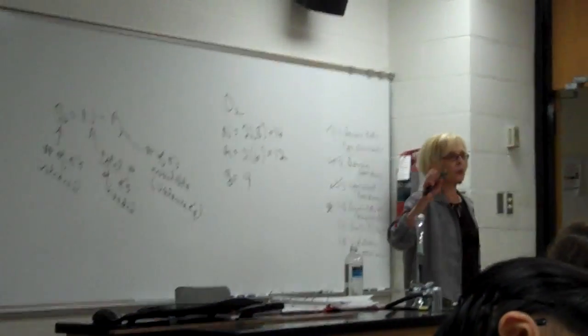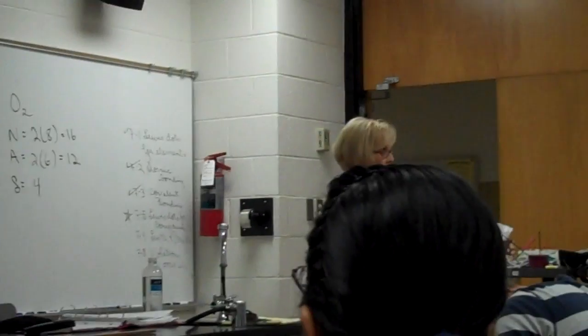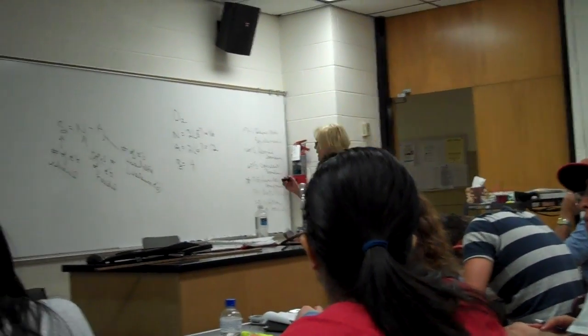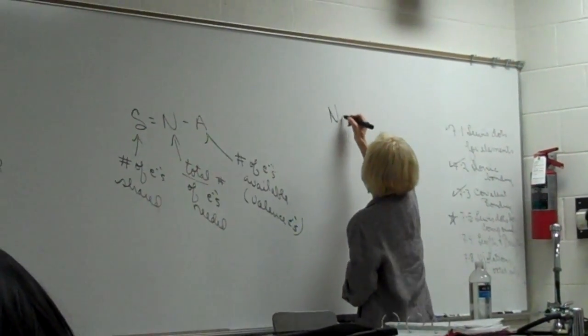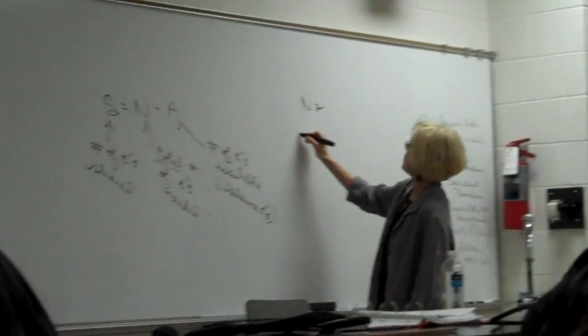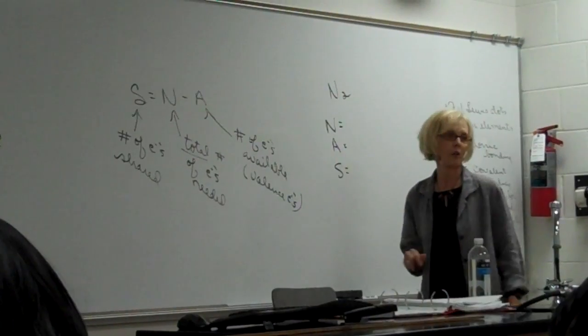The nitrogen here in this air, and about 80% of what we're breathing in is nitrogen. Monatomic or diatomic? Diatomic, okay? Let's run through this process. Okay, we talk about need, we talk about available, and we're going to talk about share.